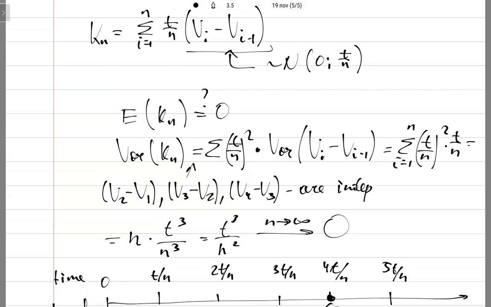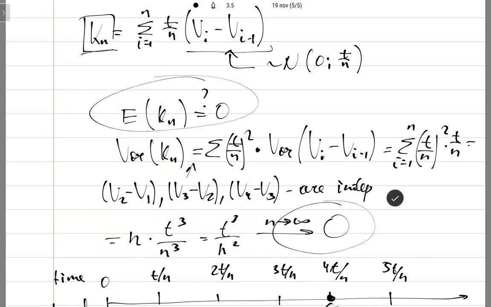So our conclusions for Kn, our small example: the expected value is exactly 0 and the variance tends to 0.